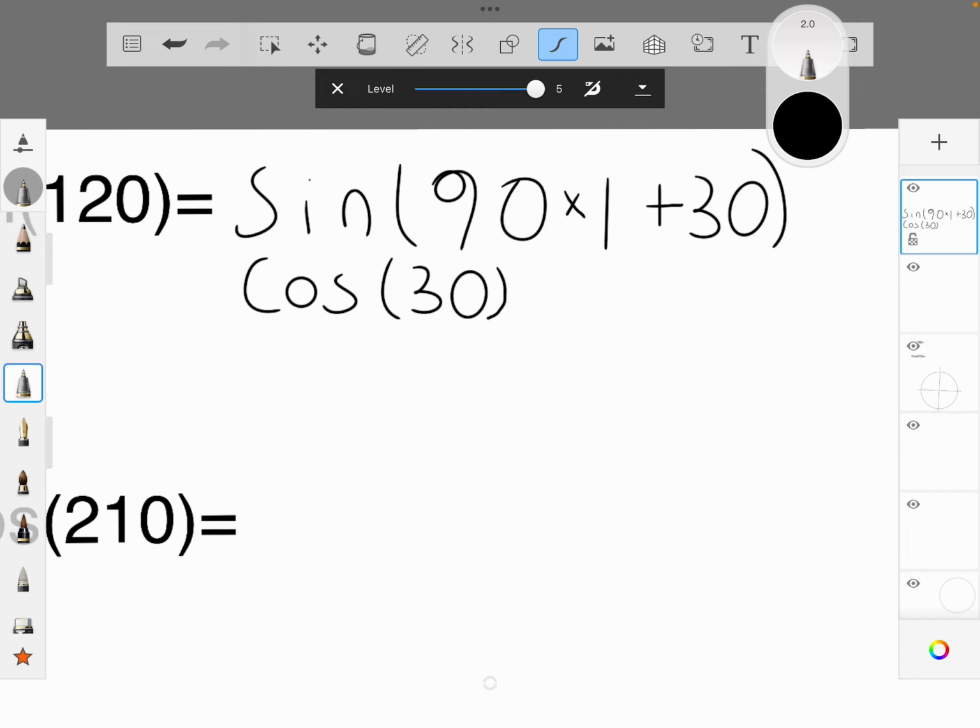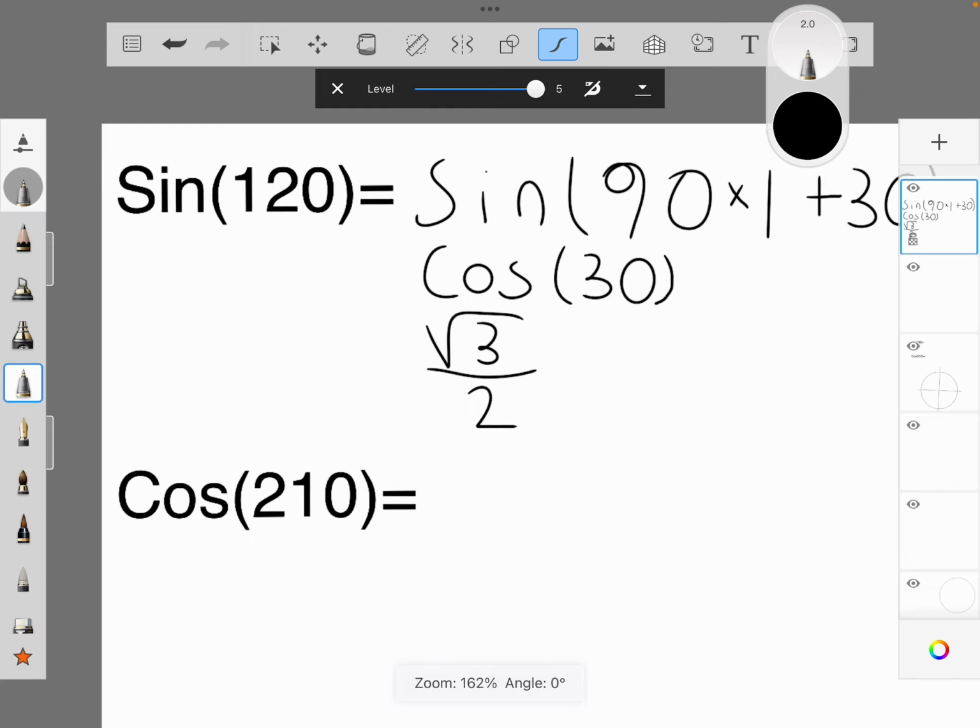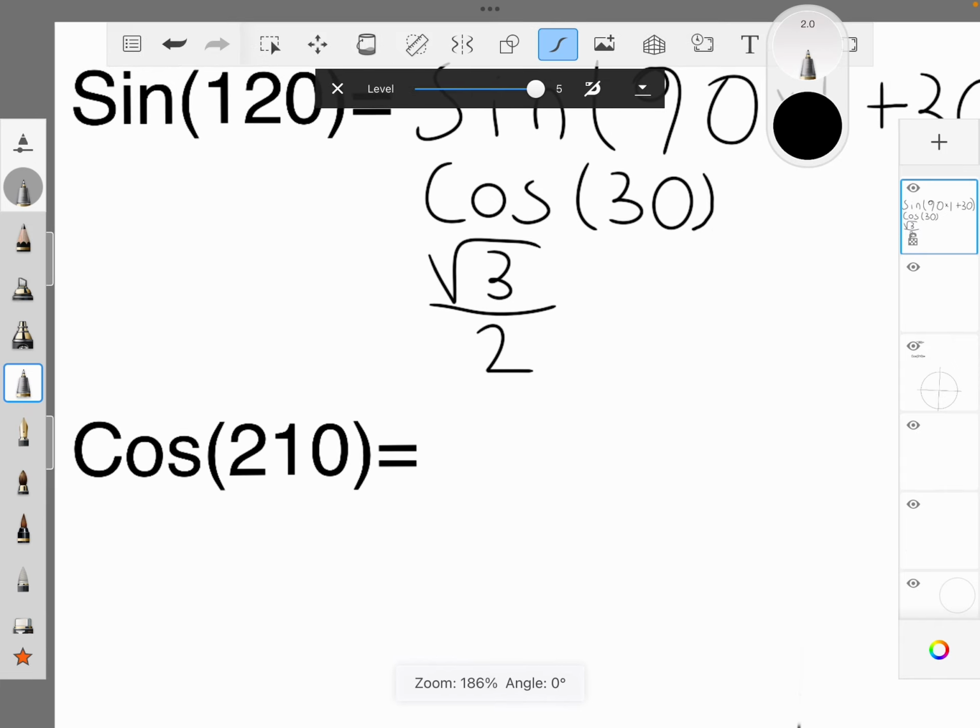But we can simplify this further. So the answer is the square root of 3 over 2. But now we might need to change this answer later when we look at the unit circle. But let's not worry about that right now. Now let's move on to the cos.